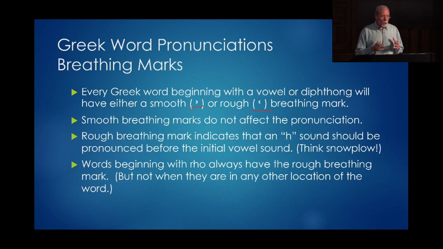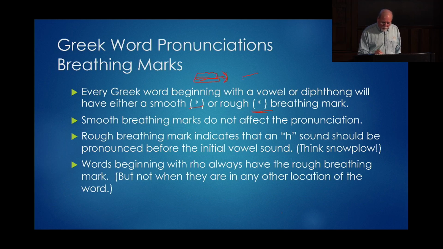We saw the word huios earlier, and it had this rough breathing mark right here. So, thinking of the H sound and trying to remember which is which: if you had a snowplow, and you can say, well, I'm really an artist, and it's got the plow like this, it's not going to push the snow much.